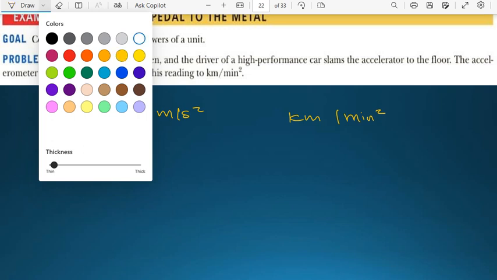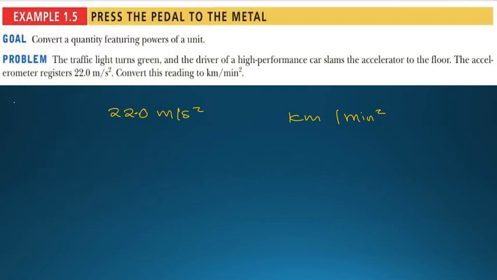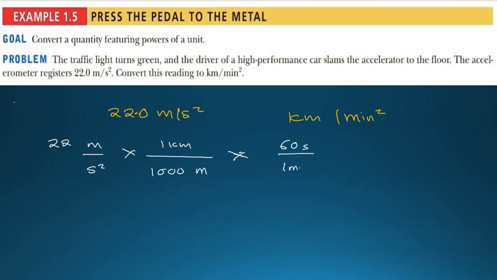White is reliable when I'm using a blue board. So here's what we do, guys. We say 22 meters over second squared. We want to get rid of meters, so we put meters down, and we know that 1 kilometer is equivalent to 1,000 meters. What about seconds? To remove seconds, we know that 60 seconds make up 1 minute.